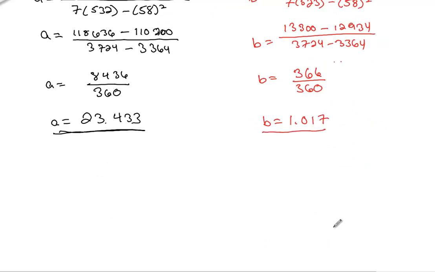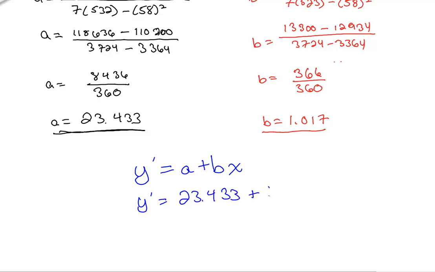Now that we have our A and our B, what we can do is put that into our equation of y prime is equal to A plus bx. So y prime is equal to 23 and 433 thousandths plus 1 and 17 thousandths times x.